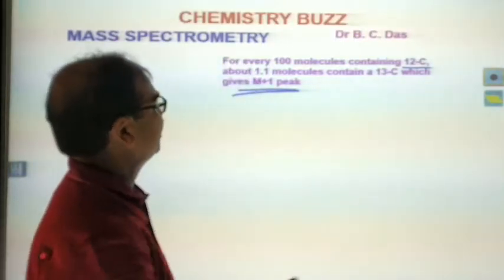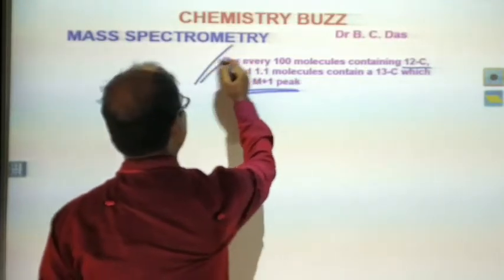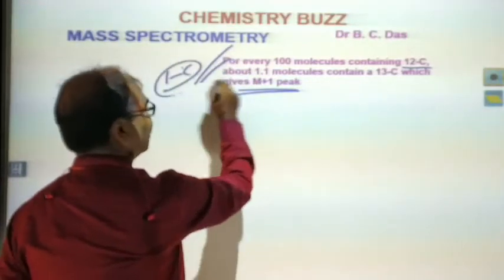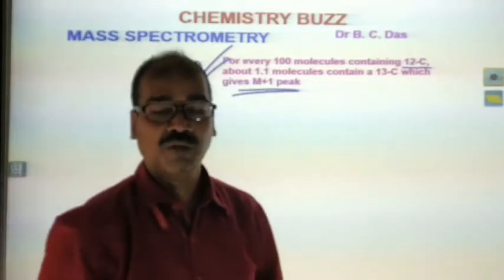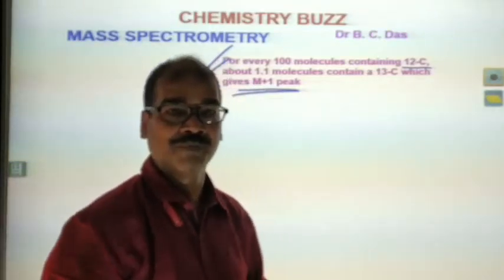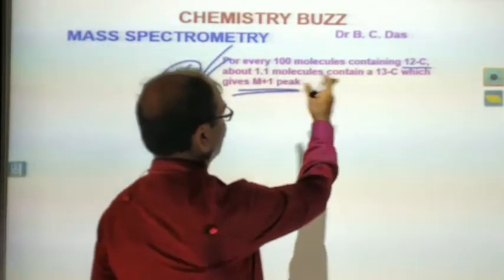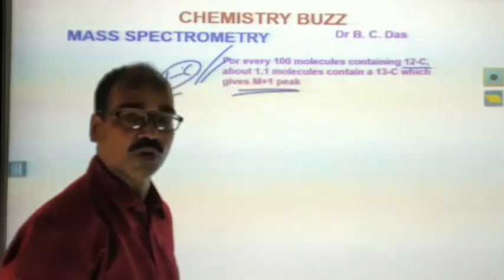So if the molecule contains one carbon atom, okay. If the molecule contains a number of carbon atoms, the probability becomes more.